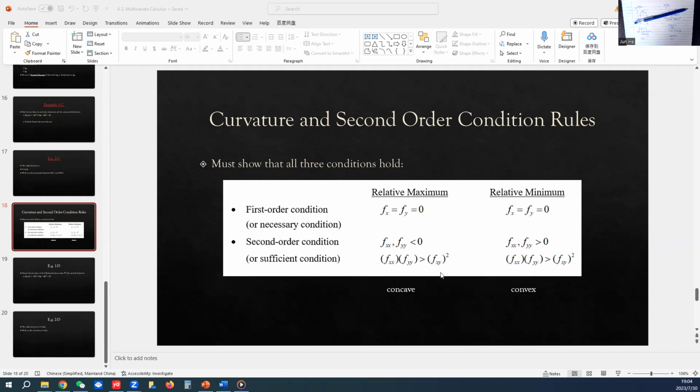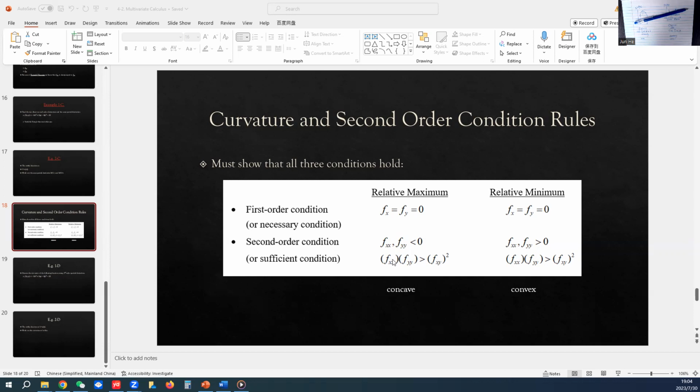Then for both cases, you should have the same result for the cross term, which is that the multiplication of the direct terms should be greater than the multiplication of the cross terms. So it is written here as f_xx times f_yy greater than f_xy squared. You may be confused, why is that?